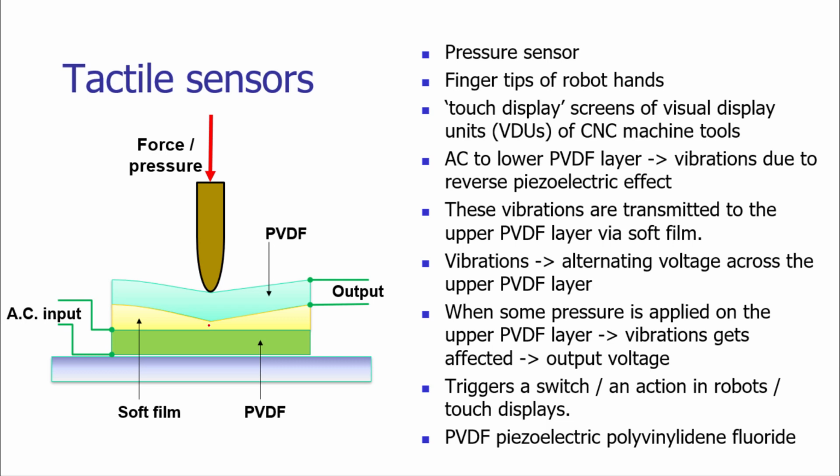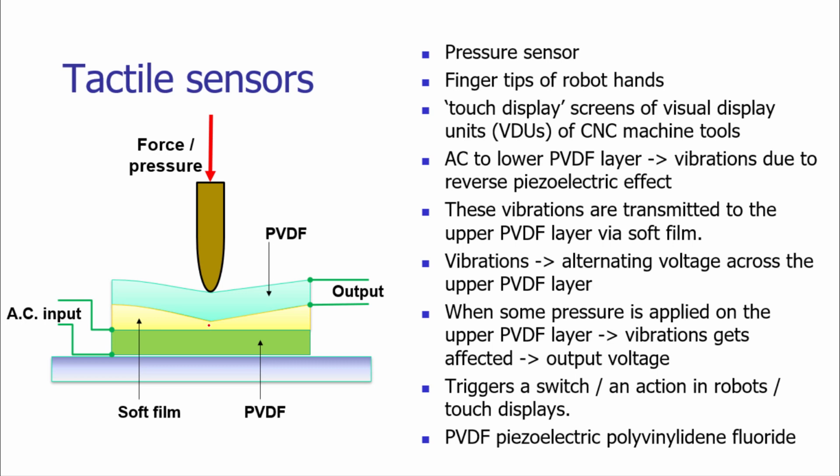So how do these touch screens work? A typical construction of the tactile sensor is shown on your screen. It has basically two layers of piezoelectric material, and that piezoelectric material is PVDF. The PVDF material is polyvinylidene fluoride.